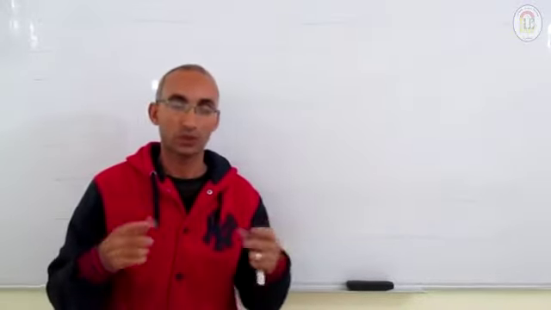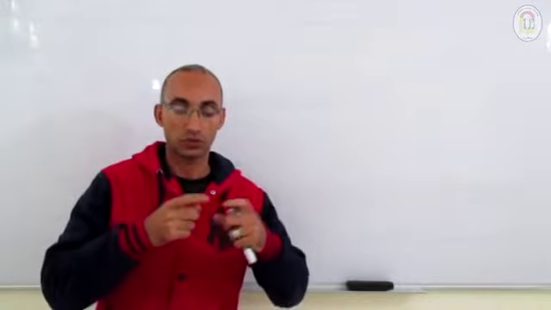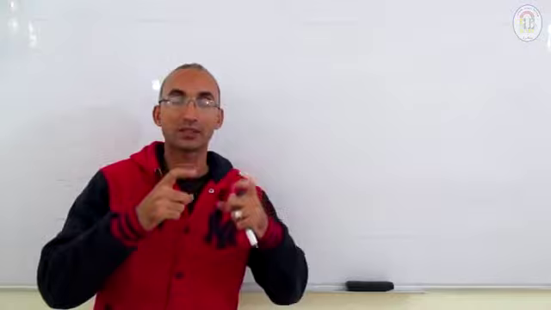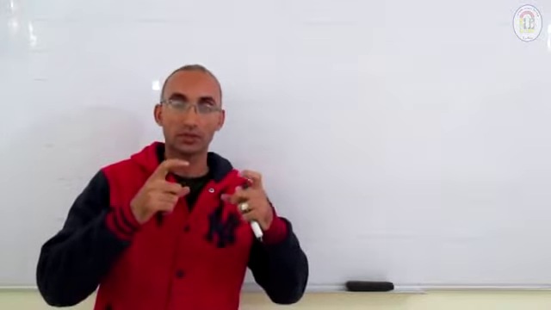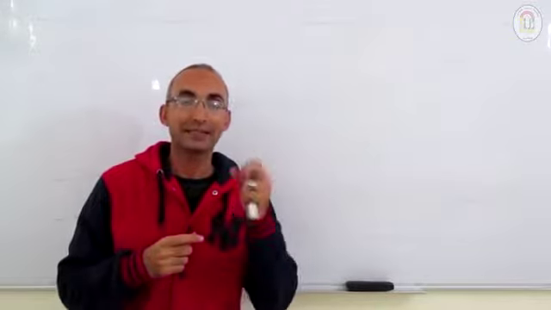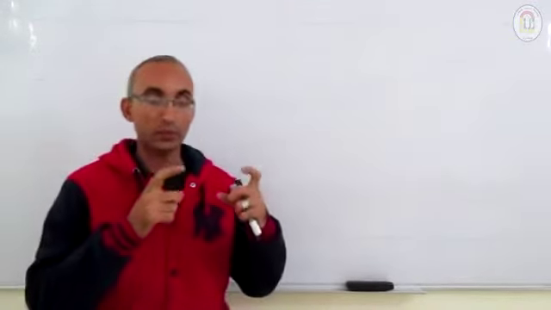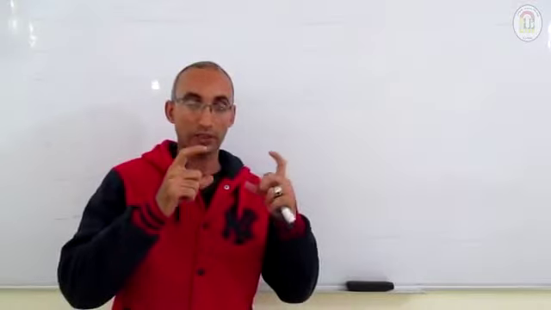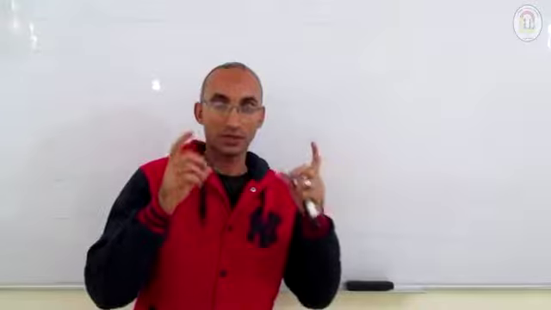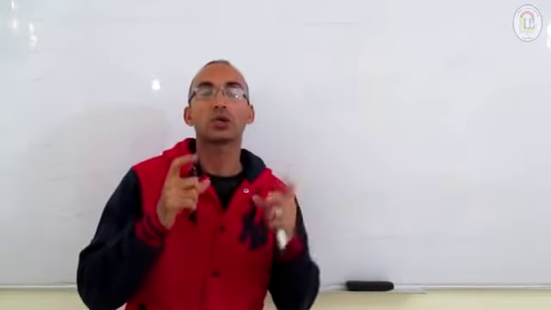Now, simply, a clause is a group of related words which come together, but this clause consists of two central elements, which are the subject and the verb. So, whenever you have, within a sentence, a subject plus verb, this combination represents what we call a clause.